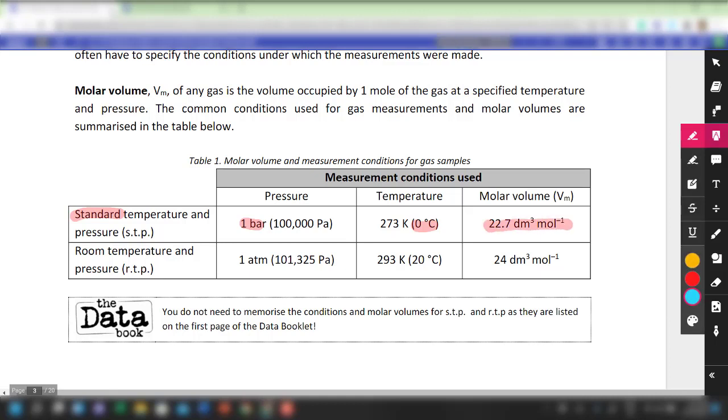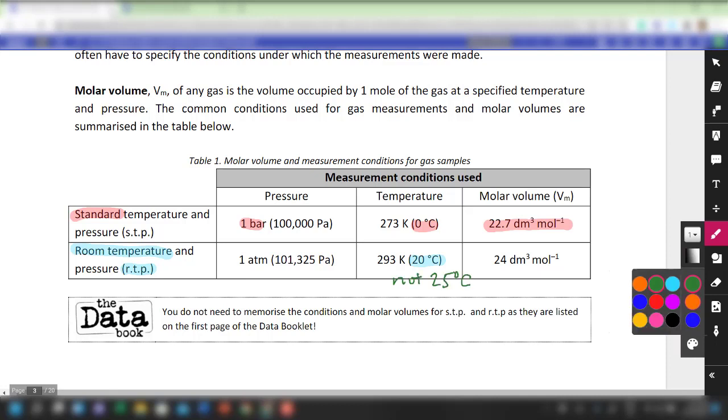There is also another standard you need to know, which is room temperature and pressure, short form RTP, defined as 293 Kelvin or 20 degrees Celsius. Take note, this is not 25 degrees Celsius. Many students get confused. It might be a bit different from what you learn in secondary school, but it's good to take note of it.